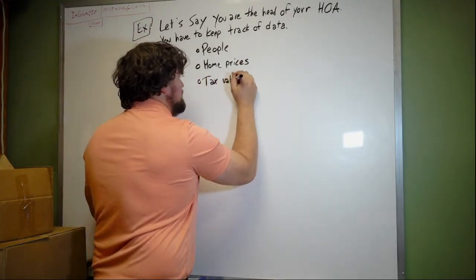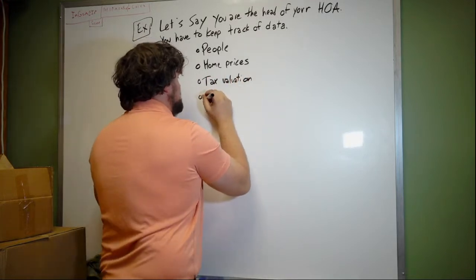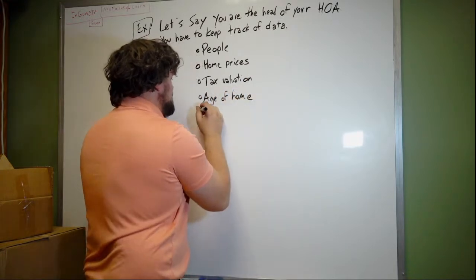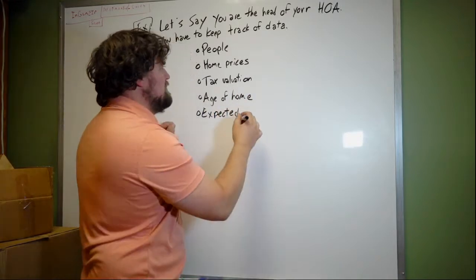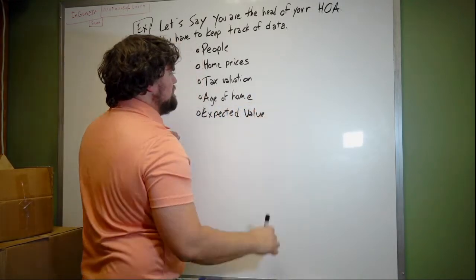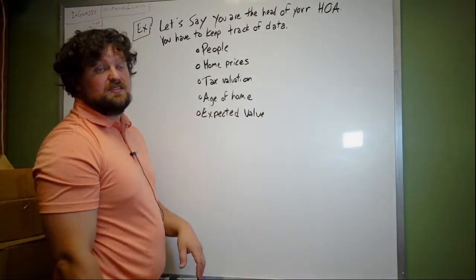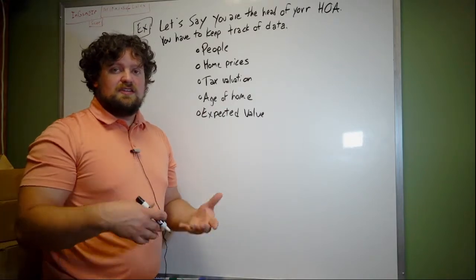So that may be very different from home prices. Age of home, expected value. So here, maybe this individual is doing some renovation, so next year their expected value is going to be significantly different. Okay, and each one of these pieces of data is useful.